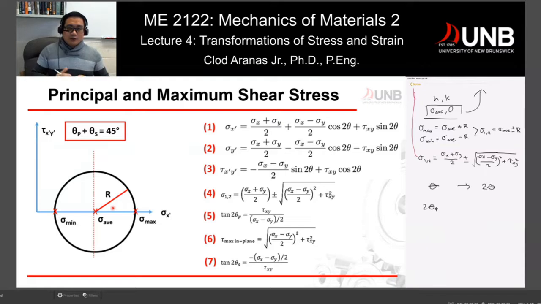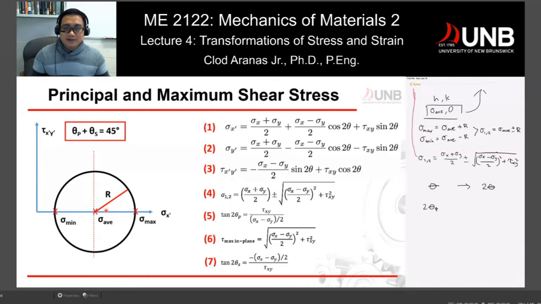And how are we going to determine the corresponding equation for theta sub b? We can just apply the trigonometric function. So you have your radius over here, and from this point up to this point, that would be your tau xy, and that would be r.